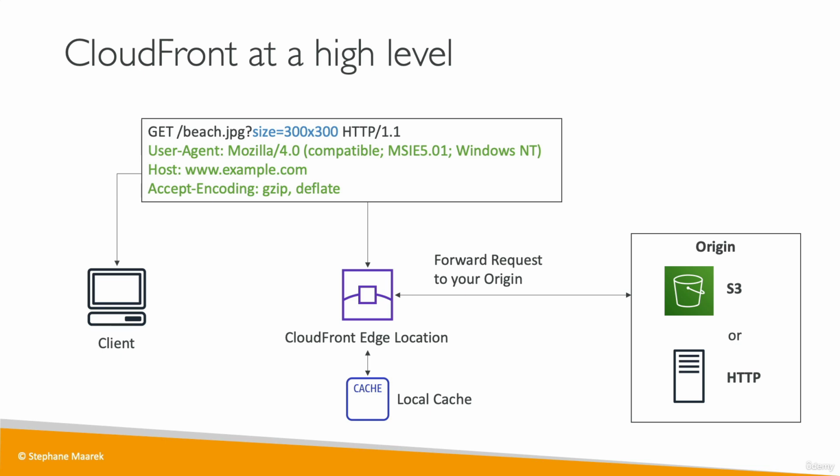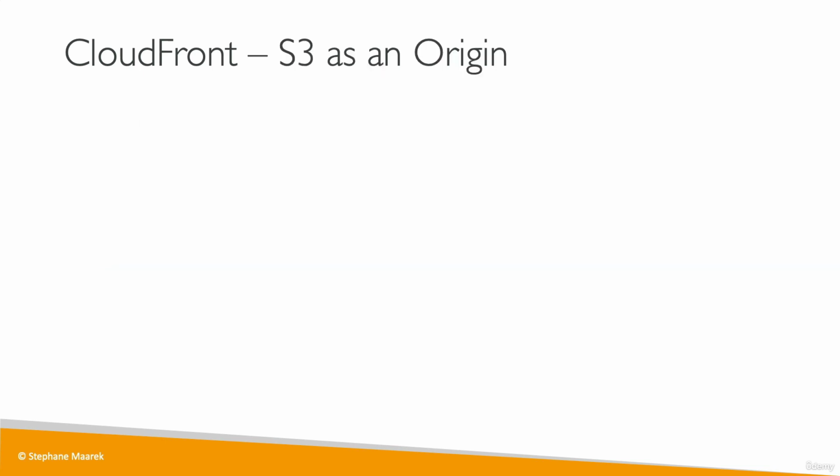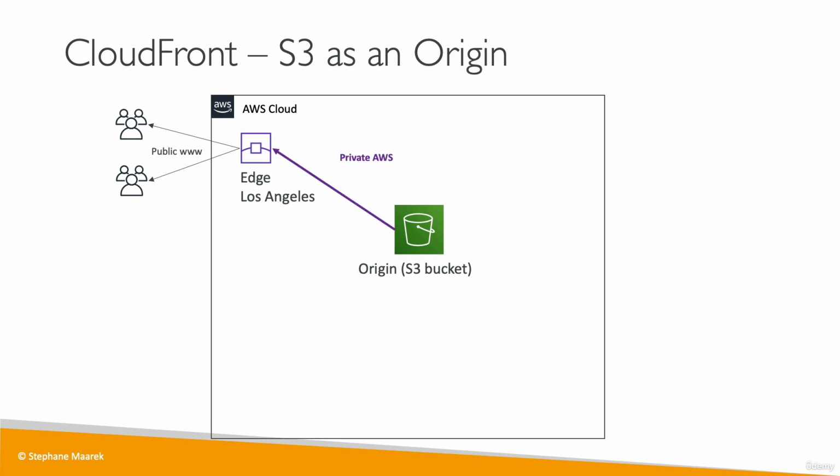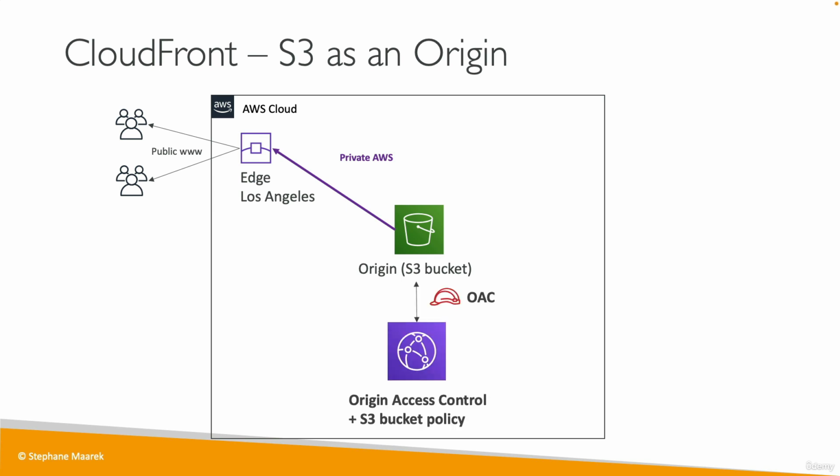So if we have S3 as an origin, then if we look at the cloud, your S3 bucket is your origin in some region, and then you have edge locations all around the world, for example, in Los Angeles, and your users accessing the edge location in Los Angeles will get their content directly served through the edge location. But first the edge location will get it from the origin S3 bucket through the private network, and the S3 bucket will be secured using an origin access control and by modifying the S3 bucket policy.